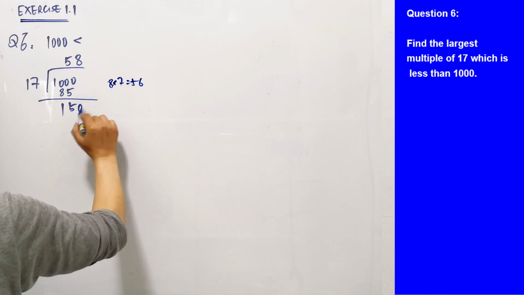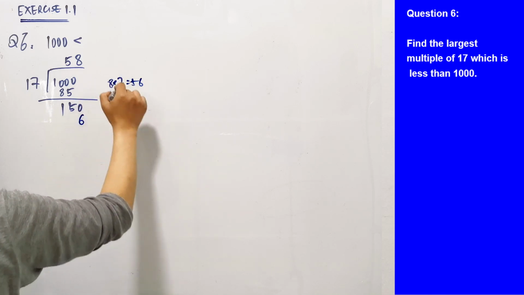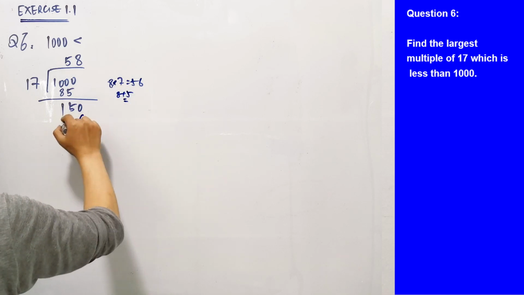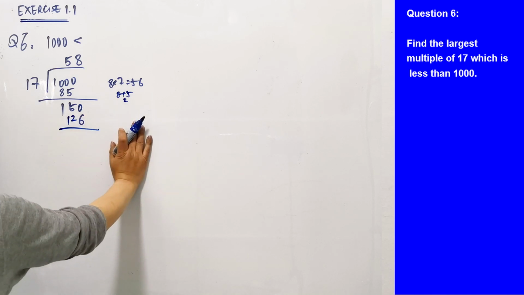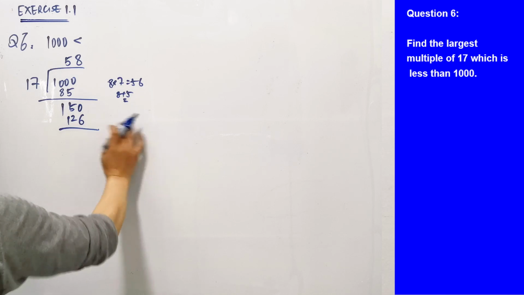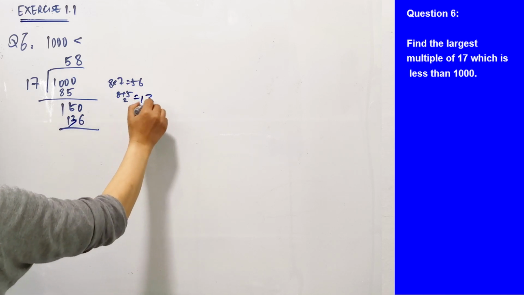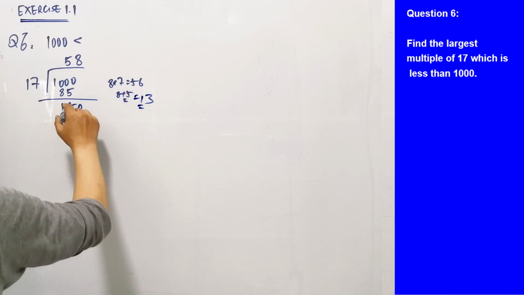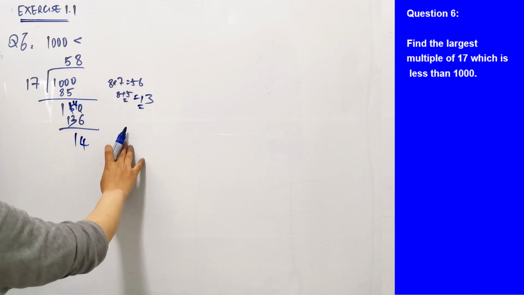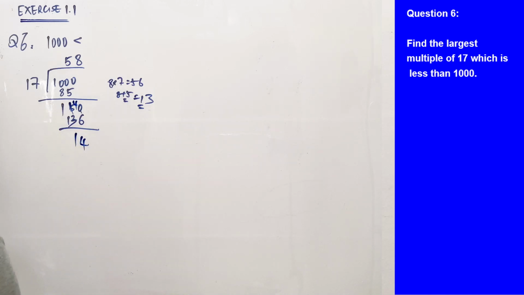Okay, so it's 6, right? 8 plus 5 is 12. Then 8 plus 5 is 13, right? Okay, it's 13. So here we got 4, right? 4 is 1. Okay, count.